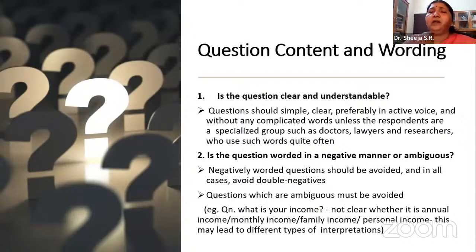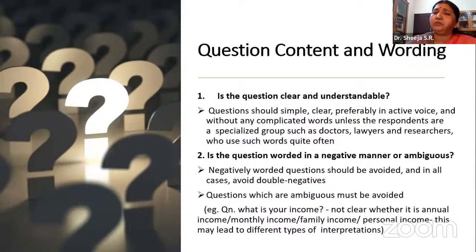For example, what is your income? If you are asking such a question to the respondent, he will not be able to identify whether you are asking about annual income or monthly income, personal income or total family income. So you have to specify that. Instead of asking what is your income, ask what is your annual income or monthly income. Or if you are asking about total income of the family, then you have to specify that.